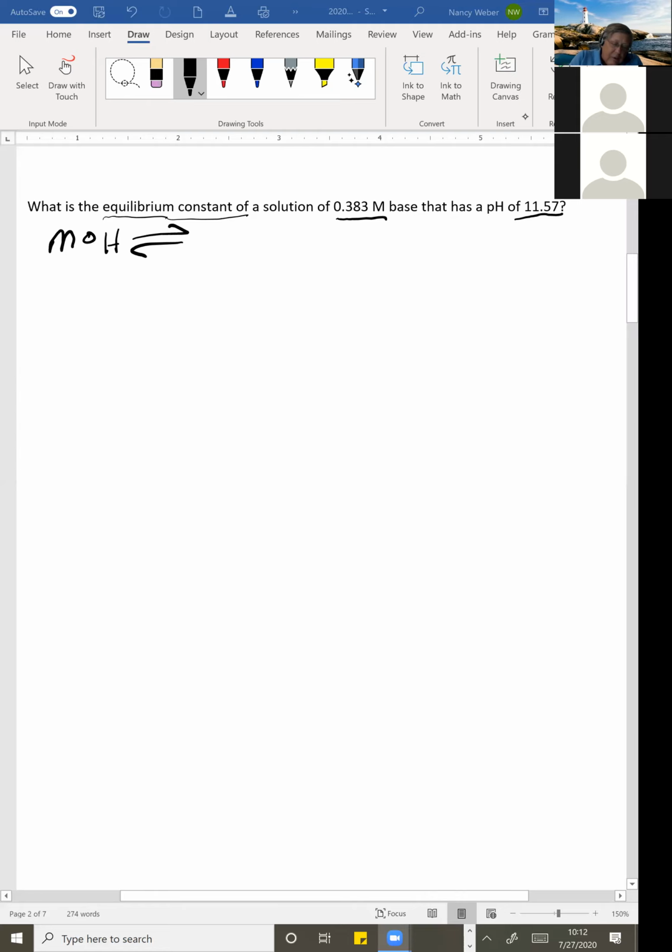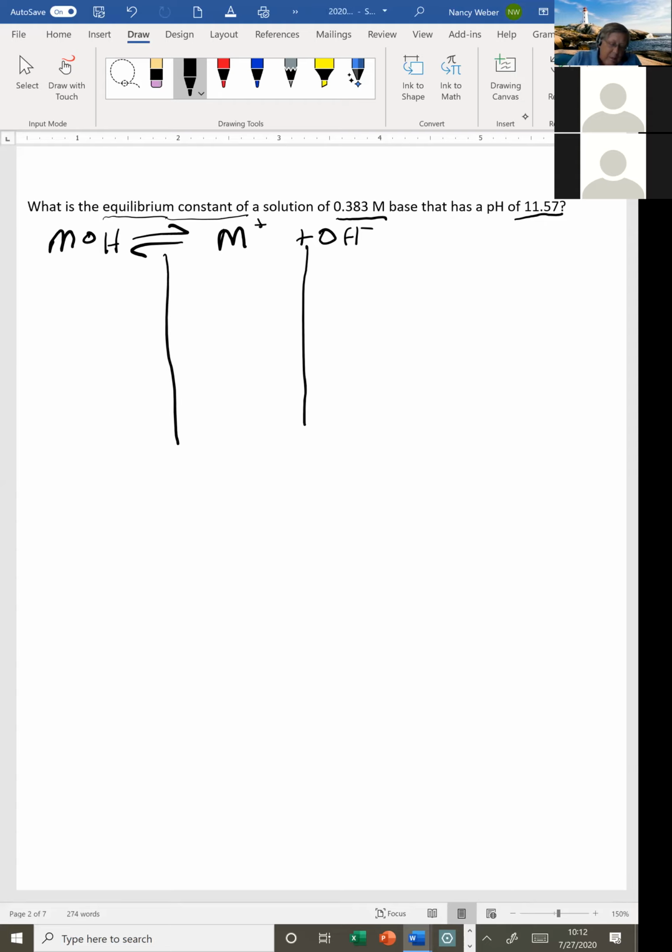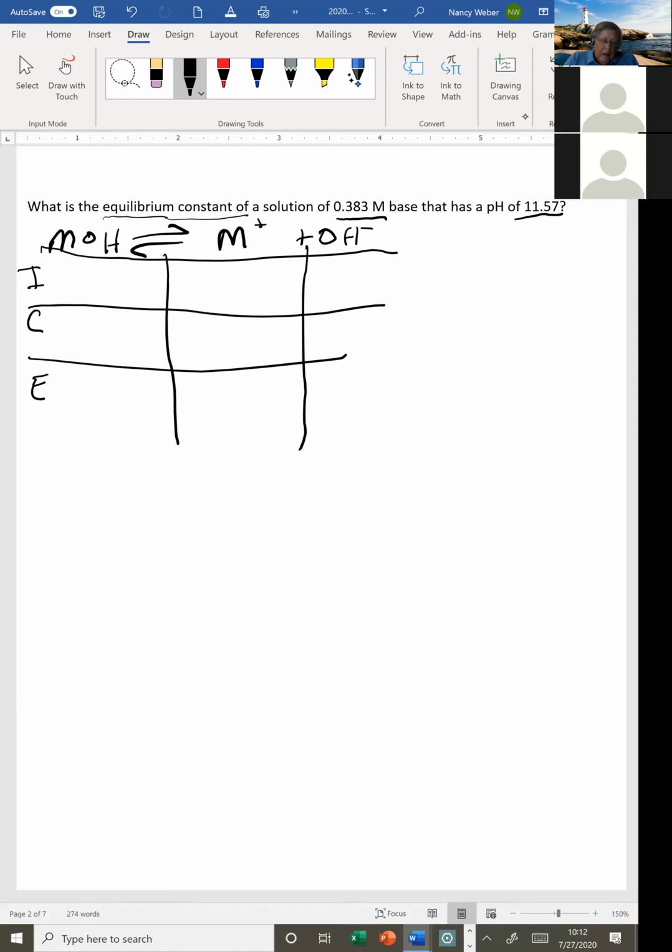Okay, it is going to equal M plus OH minus. Okay, let's do our ice table. Now, the pH is 11.57.